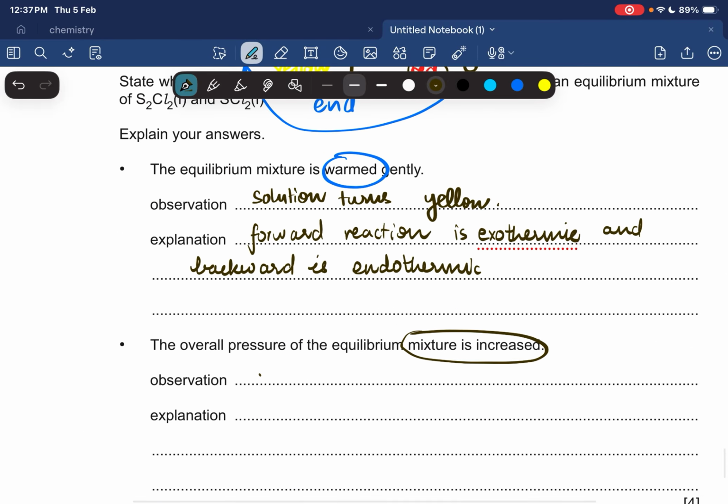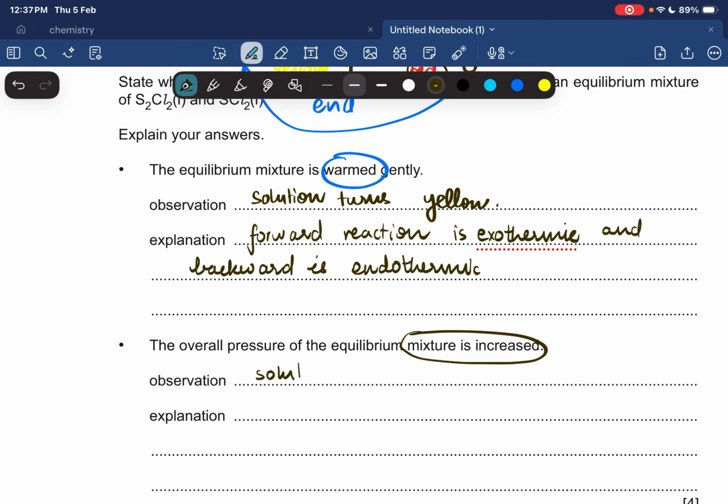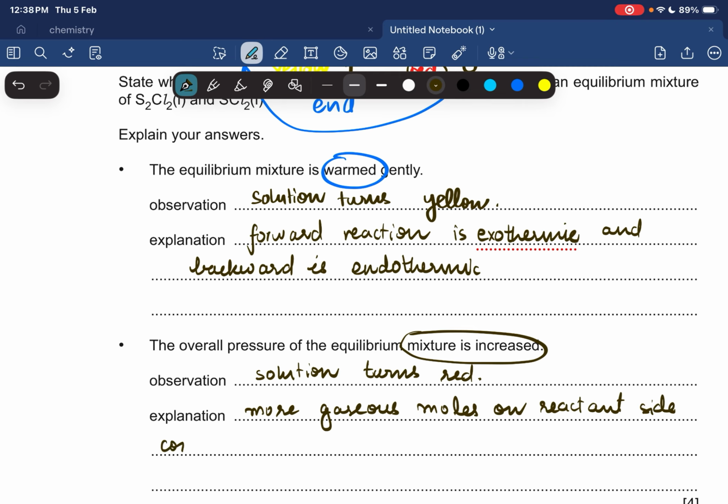So the observation is going to be that the solution turns red. Why? Because you're gonna tell more gaseous moles on the reactant side compared with the product side.